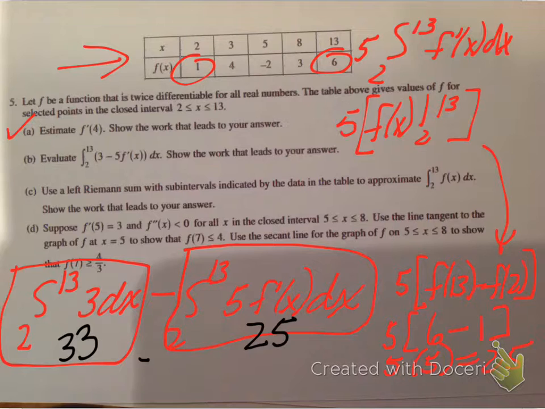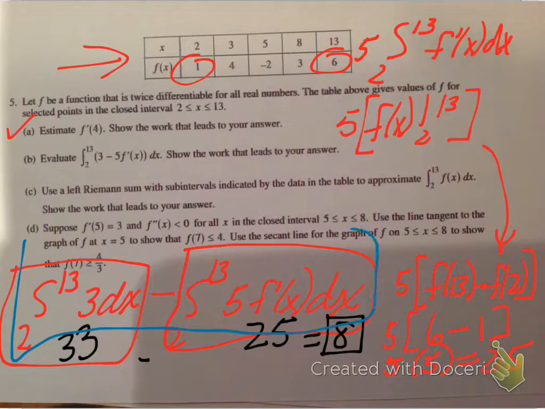So we have 33 minus 25, and the final answer will be 8. And the point values are as follows. Okay, setting up the 2 integrals, showing it like this, that was worth 1 point, and then getting the answer was worth 1 point. Okay, and that is part B, so that's done. Let's check that one off.